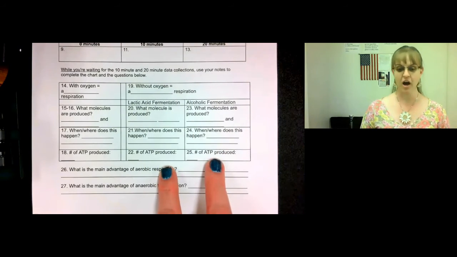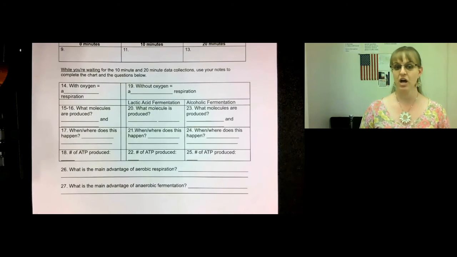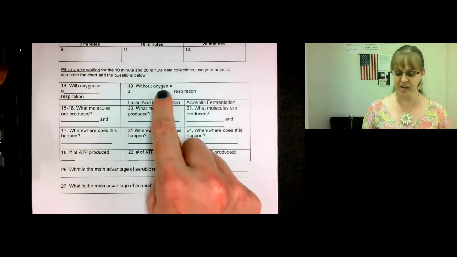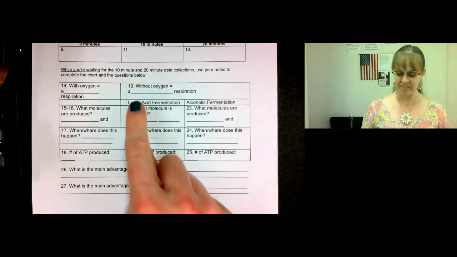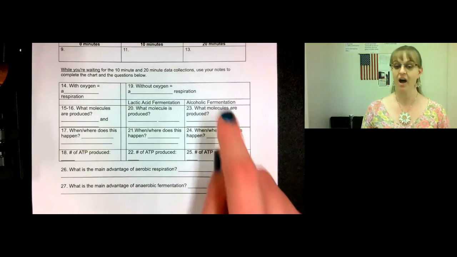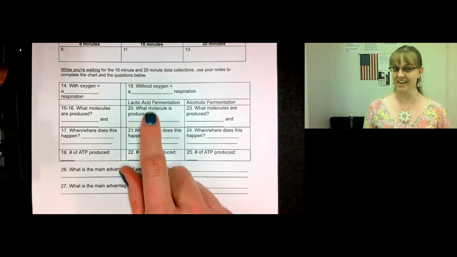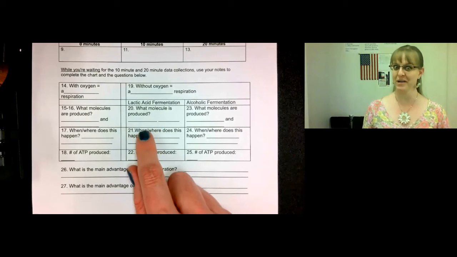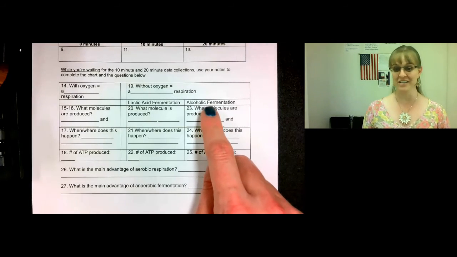These two columns are the two types of respiration that do not use oxygen. They are lactic acid fermentation and alcoholic fermentation. Obviously, if it's lactic acid fermentation, what molecule is produced? The same with alcoholic fermentation. What's one of the molecules?